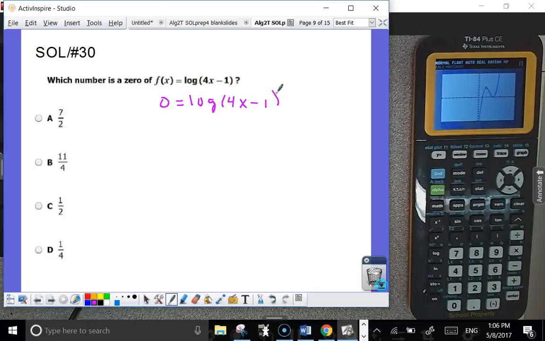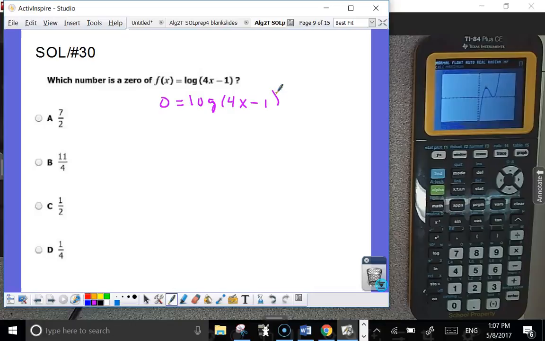Okay, how do you propose we could find that? What do you mean plug it in? Oh, you mean you could back substitute? Yeah, you could in this case.